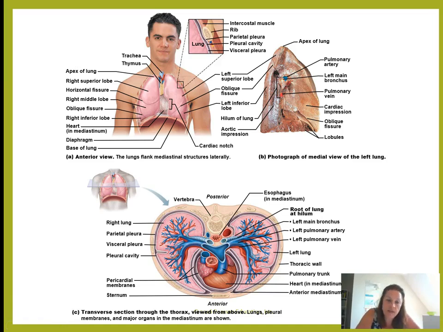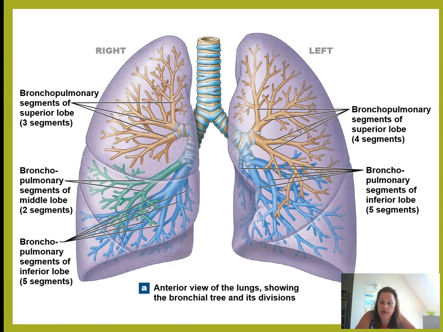So here we have the lungs in the thoracic cavity. So it's part of the ventral body cavity. It's part of the thoracic cavity. And each lung is in the pleural cavity, right? We have parietal and visceral pleura, the serous membrane that surrounds the lungs, right?